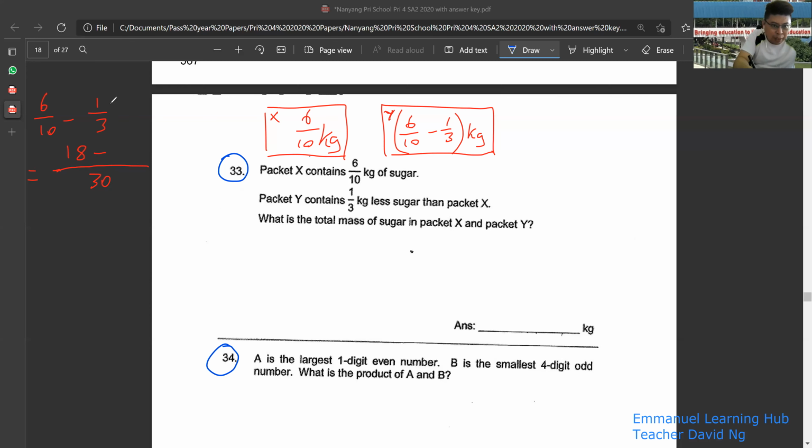3 multiplied by 10 gives me 30, right? So similarly, my 1 must multiply by how many? Must multiply by 10 also.